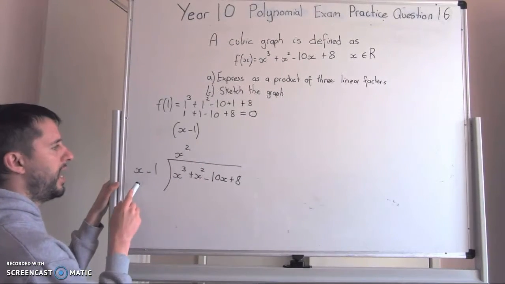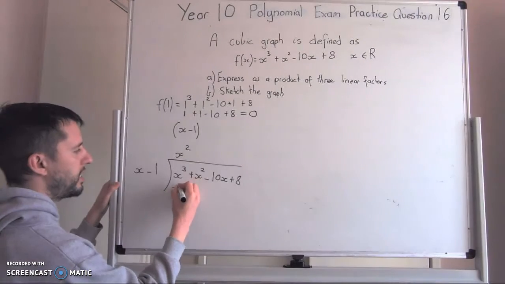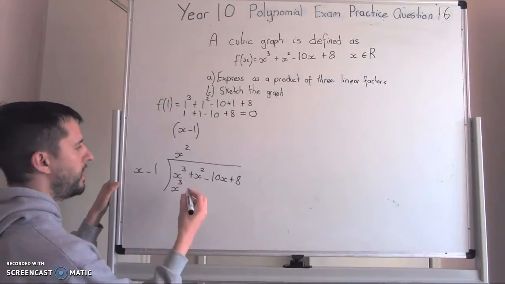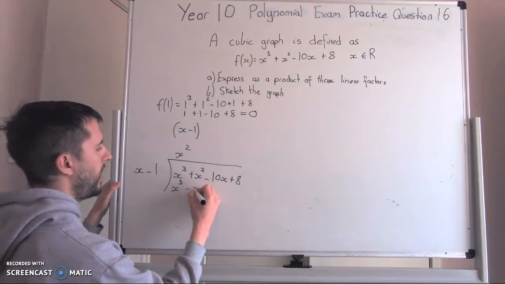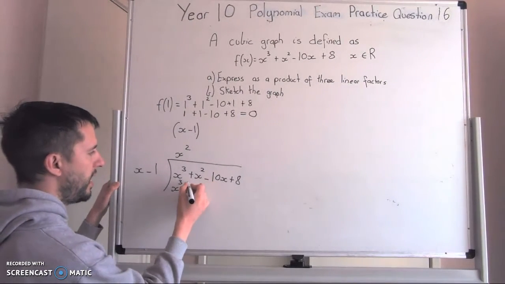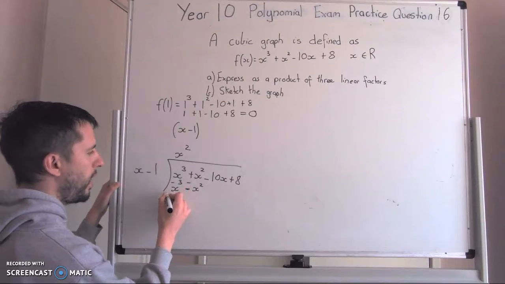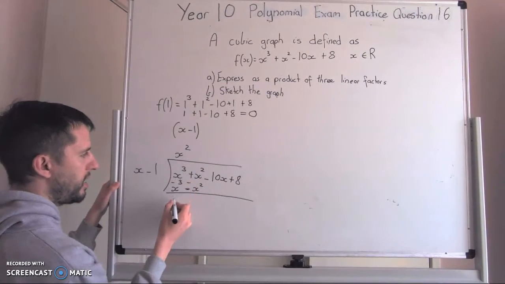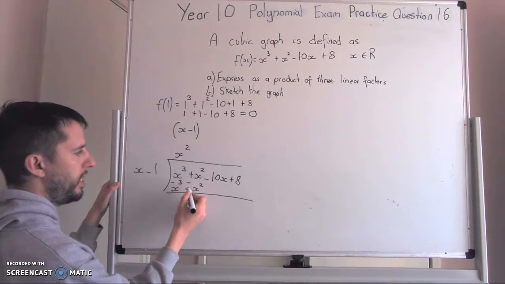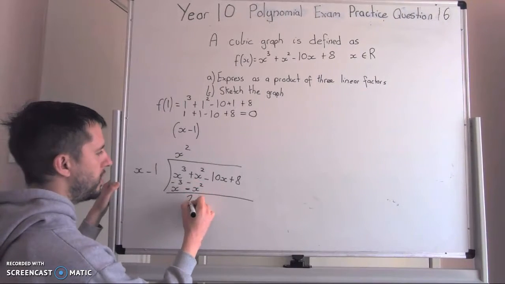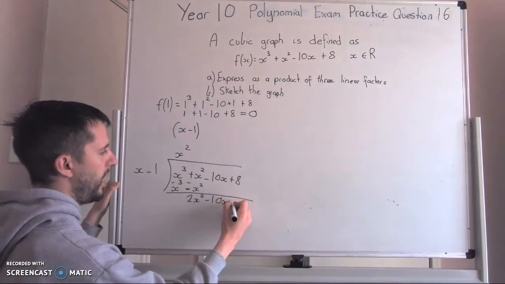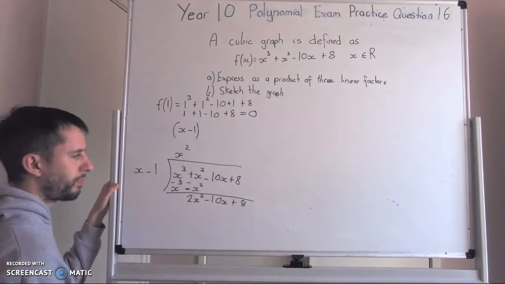Well, x squared times x is x to the power of 3, and x squared times negative 1 is negative x squared. I then take those away because that's what I've shared, cancels out, and x squared, take away a negative, is plus. That gives me 2x squared, take away 10x plus 8.